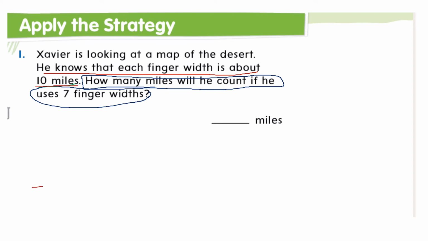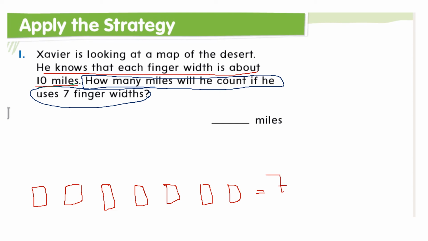So we have finger number 1, 2, 3, 4, 5, 6, 7. It's a total of 7 fingers. Each finger width is about 10 miles.